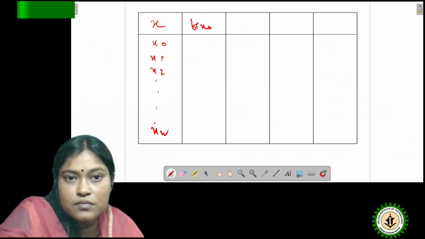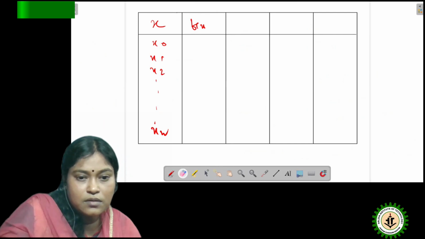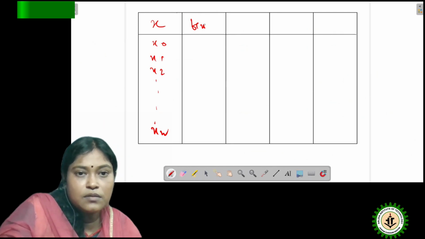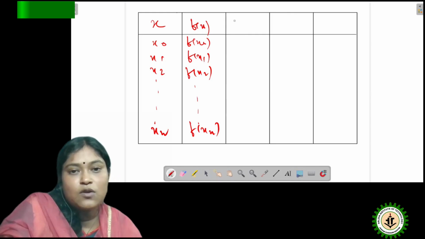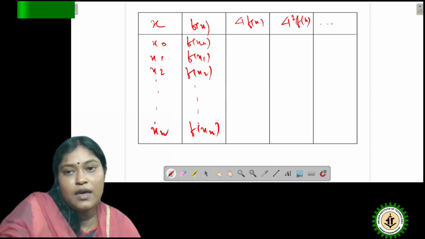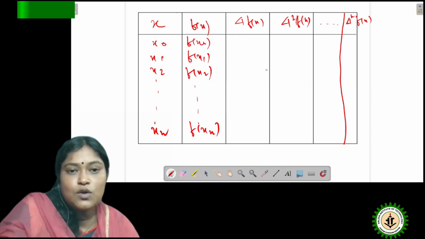f of x naught, f of x1, f of x2, and in this way we have f of xn. Suppose the next column is for delta f x, then delta square f x, and in this way, at last, we will have delta to the power n f x.